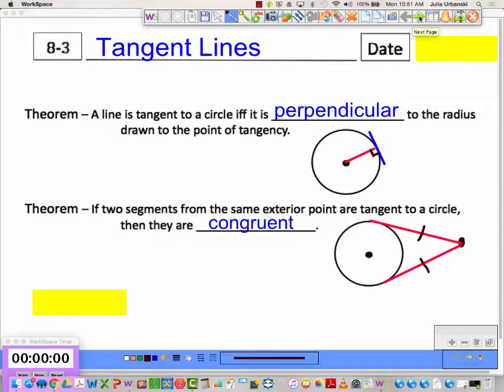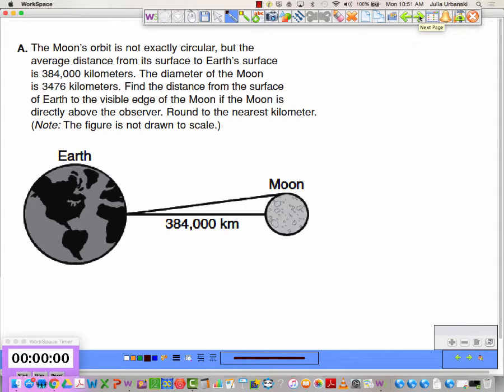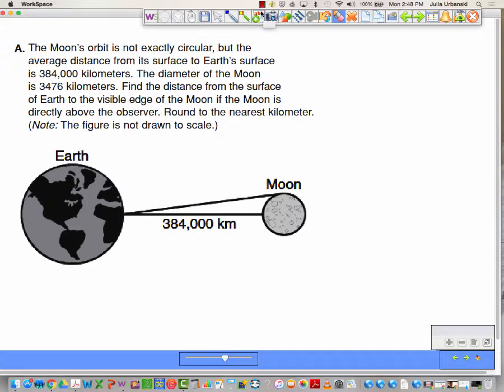So look at this one with me, please. The moon. Here's the moon. The moon is not exactly circular, but the average distance from the surface of the Earth to the moon is 384,000 kilometers. Okay, so when you're looking at this picture, think about what these two lines are.